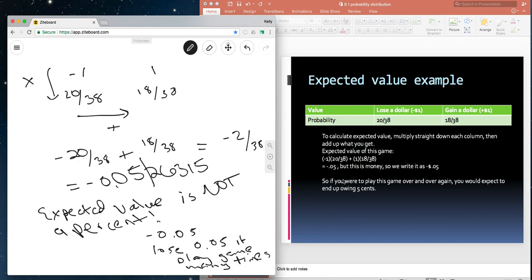I actually write this out down here. So if you were to play this game over and over again, you would expect to end up owing 5 cents.